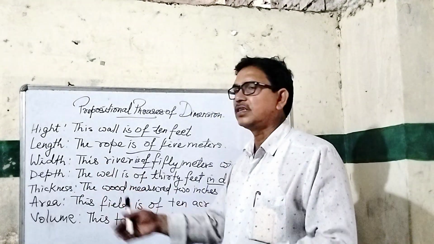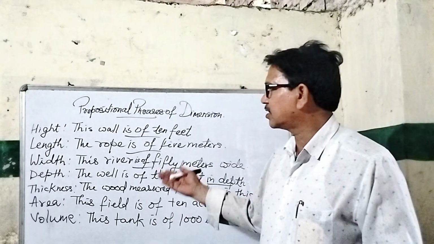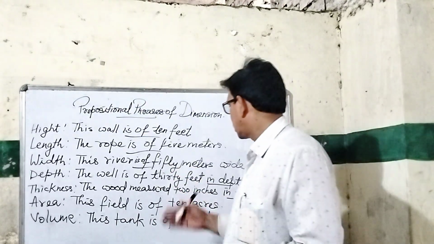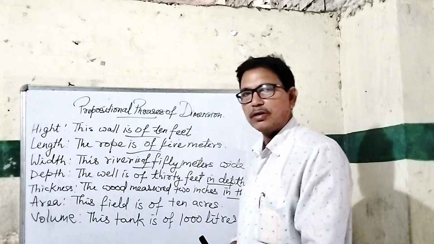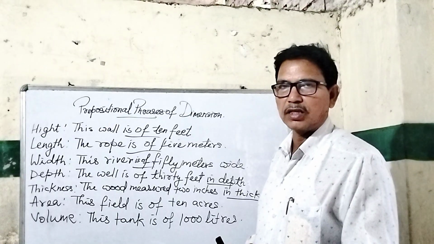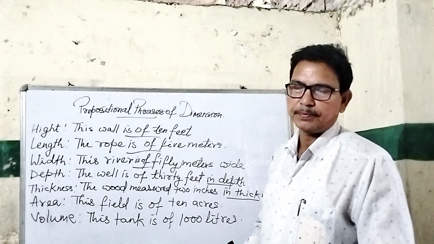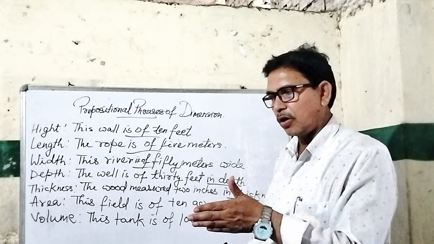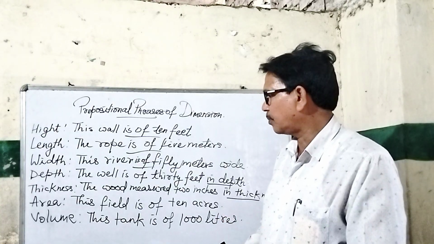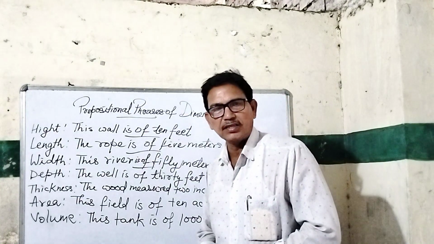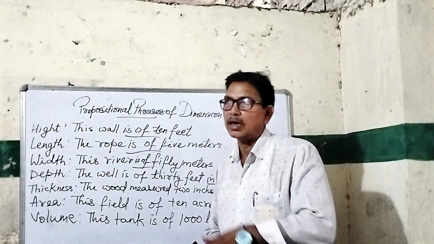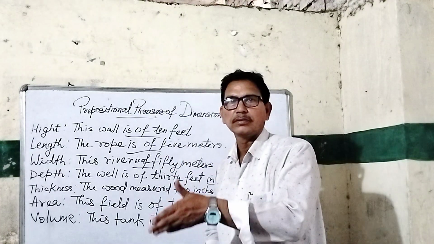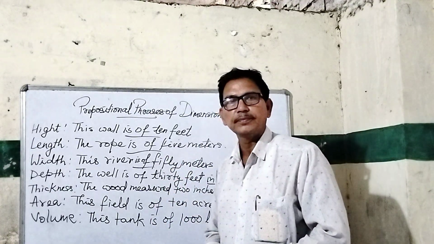The next one is depth. Here the example is the well is of 30 feet in depth. If you want to talk about the depth of some other example, the depth of this tank is 10 feet.